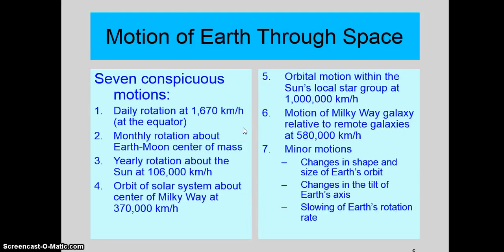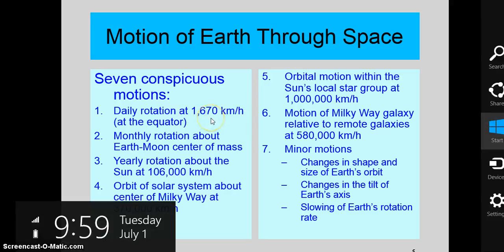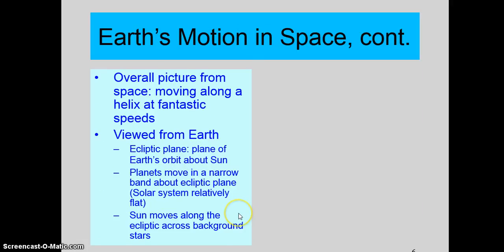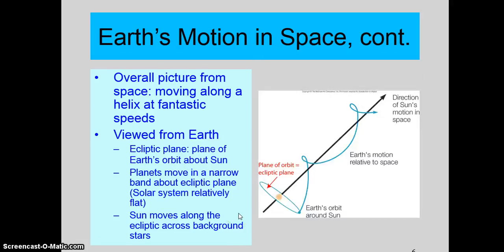All right, so these are the motions through space. If you were to stand outside the solar system and just gaze at what's going on with the Earth, it would take 1 year to go from this point all the way back to that same point.